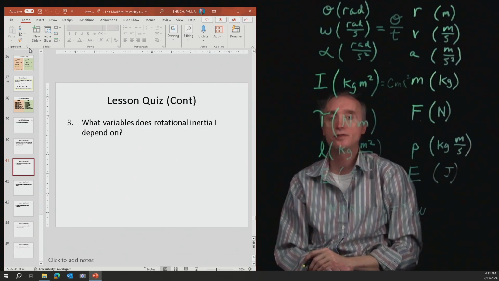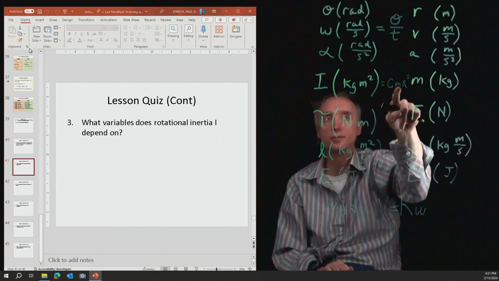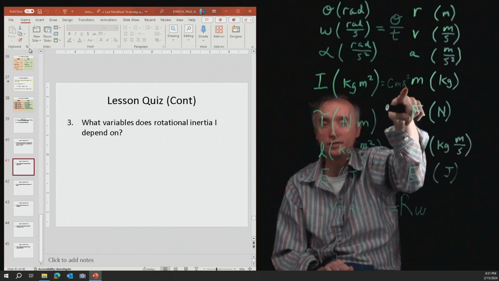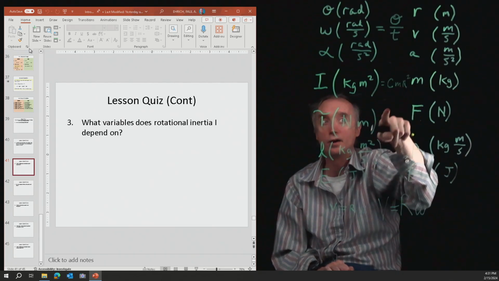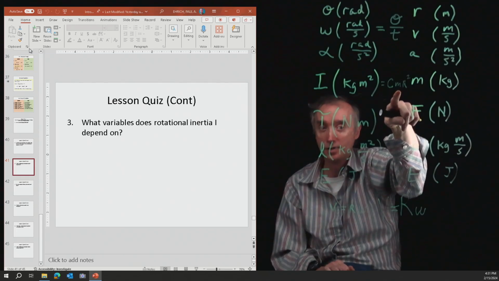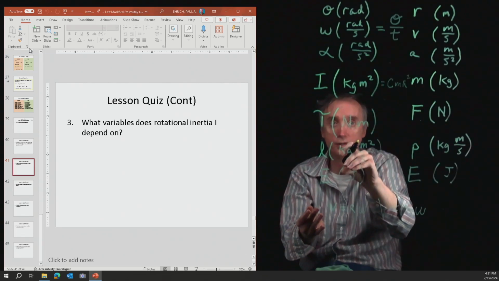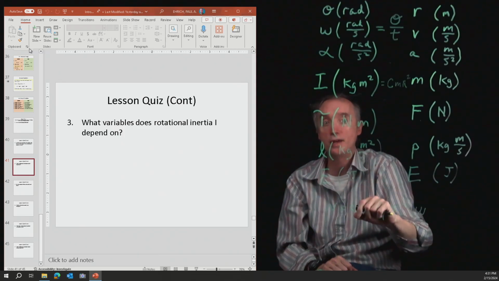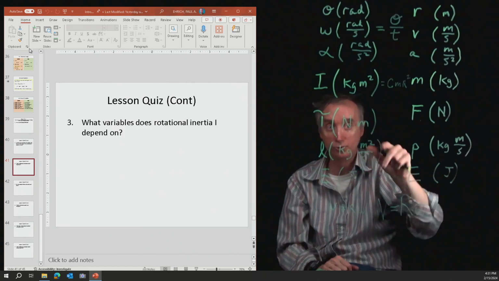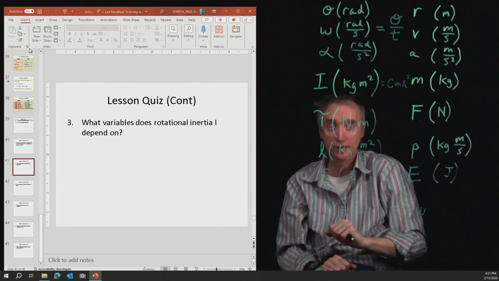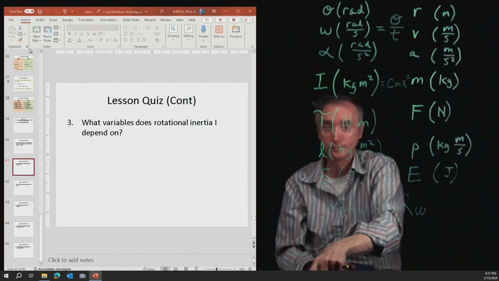So that's our definition of I. So it's going to depend on the mass, it's going to depend on the radius, and it's also going to depend on where the mass is. Is the mass on the outside or is it on the inside? It also is going to depend on the shape of the object. Is it a cube that's rotating, or is it a wheel that's rotating? So it depends on quite a bit.